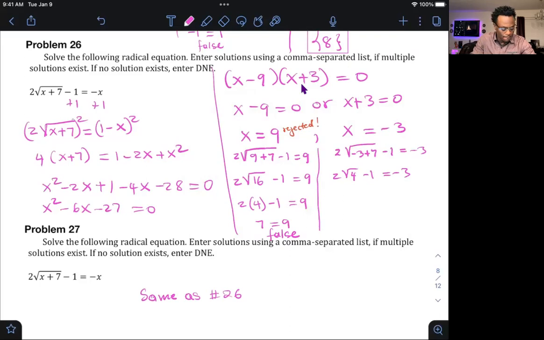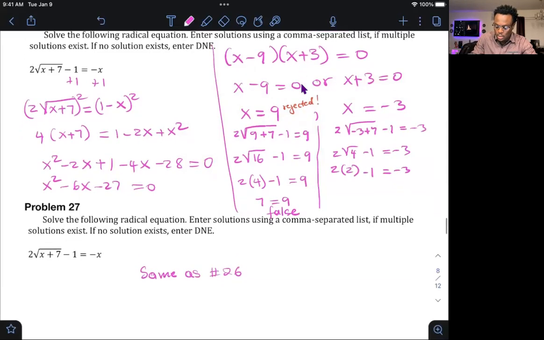So that is 2 times 2 minus 1 equals negative 3.